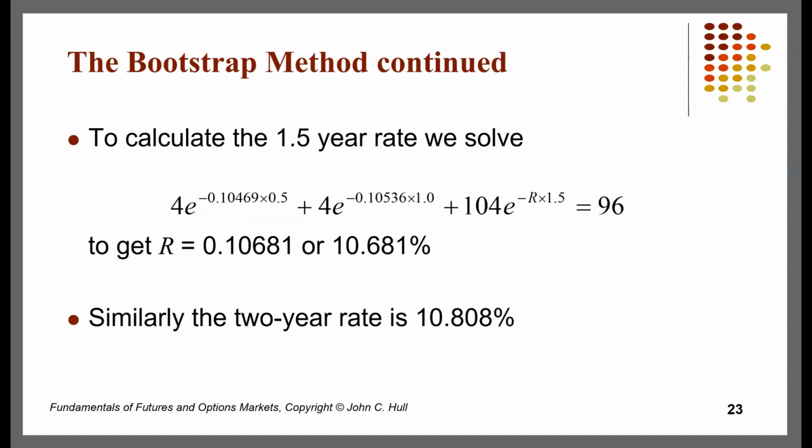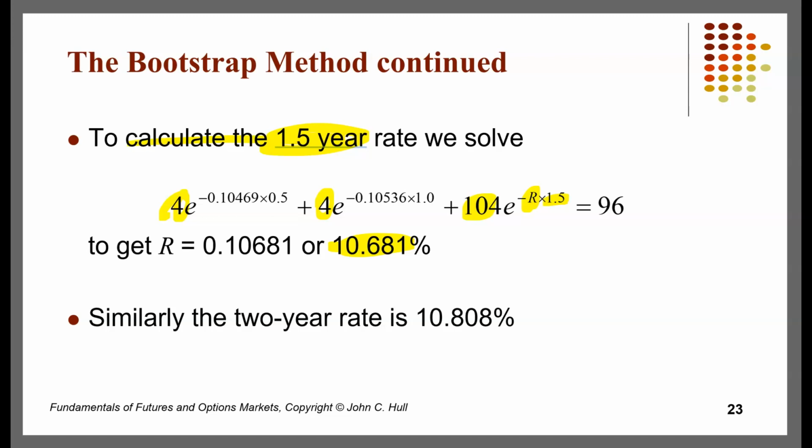Ultimately, the method is the same as what we described on the board, and to find the 1.5 years, you essentially solve this expression. That's a 4 and 104, and this is what we are solving for, the 1.5 years. When we solve that, we get 10.68.